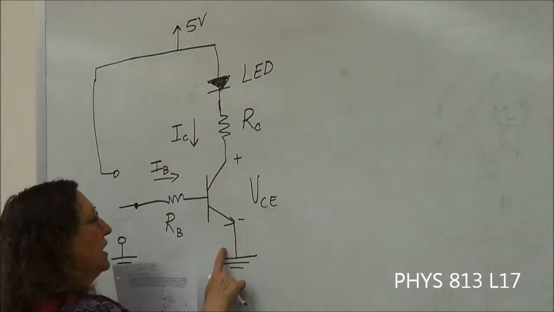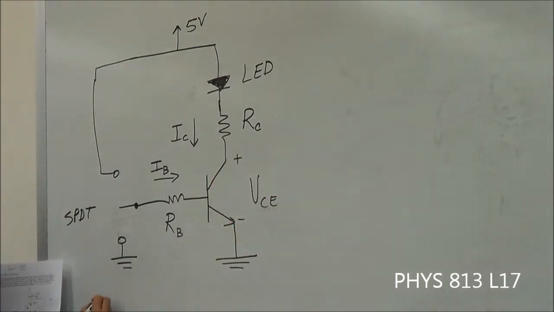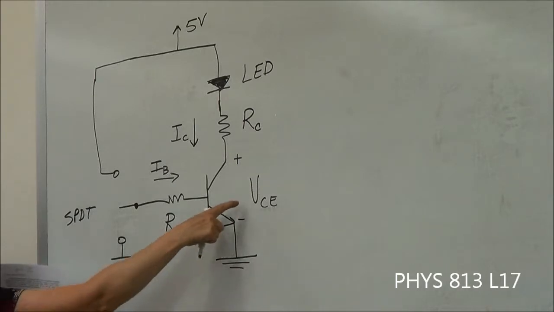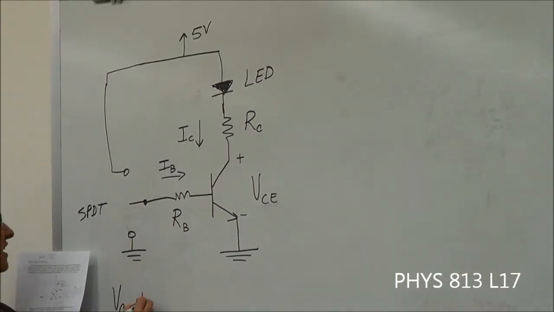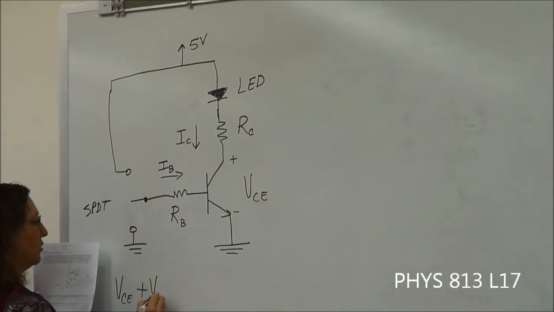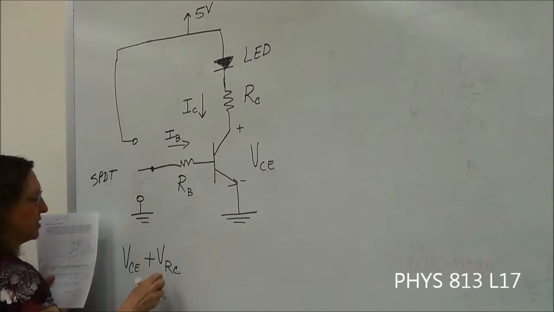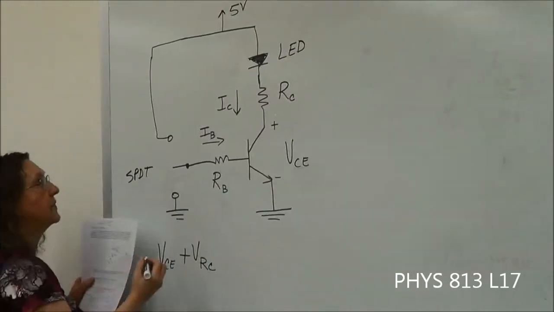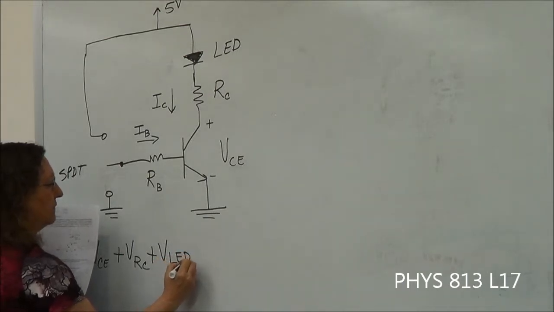So if we start here and go across here, and I think I'm actually going to write it down here: the voltage across the collector emitter plus the voltage across the resistor at the collector, so we have all kinds of subscripts here, plus the voltage across the LED.